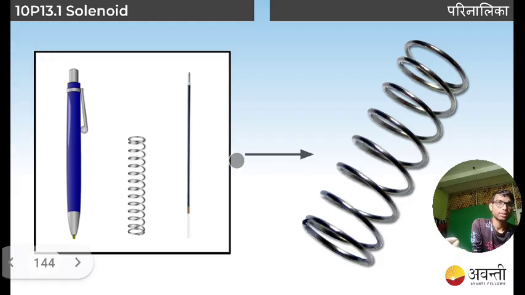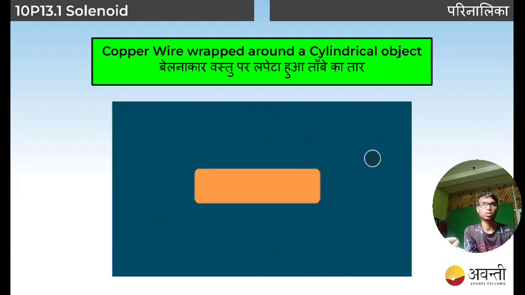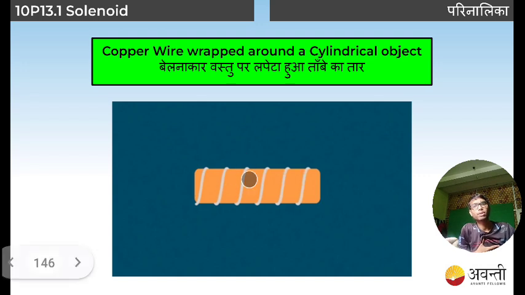When we apply current in this, what will happen? Copper wire. It was in a straight direction, but now it became a circular loop. Copper wire wrapped around a cylindrical object. This is wire which is wrapped by this object.